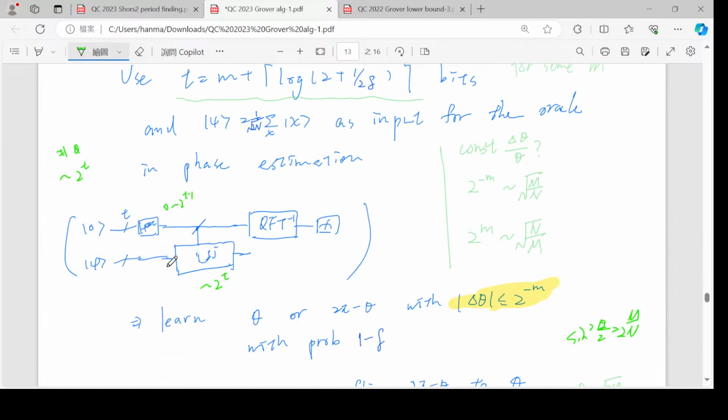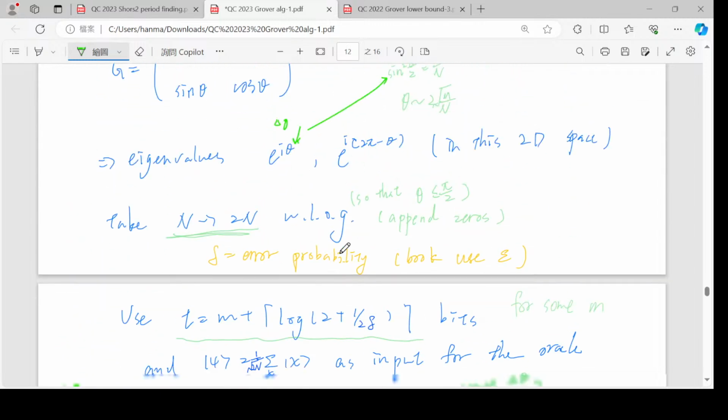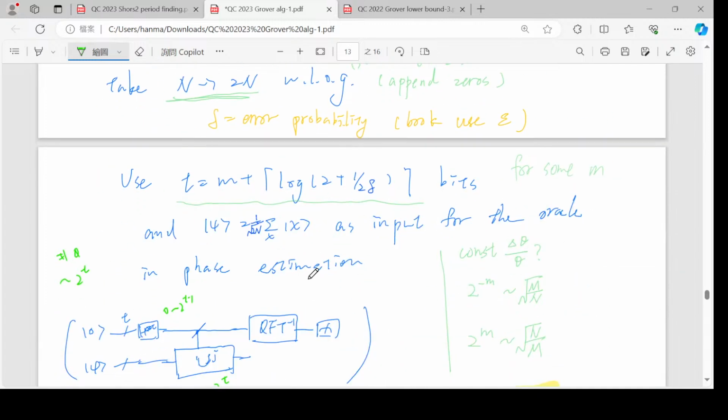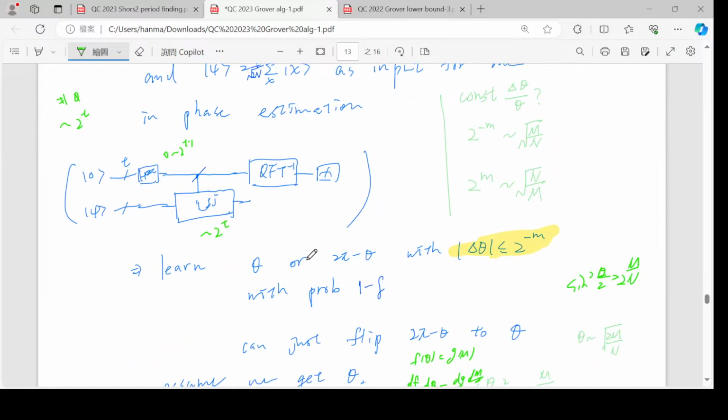Then when we do phase estimation, since this state is inside the two-dimensional space, we should get either the theta eigenvalue or the 2 pi minus theta eigenvalue. So we'll learn theta or 2 pi minus theta, with n bits of precision, which means delta theta is less than 2 to the minus n, and the error probability is delta.